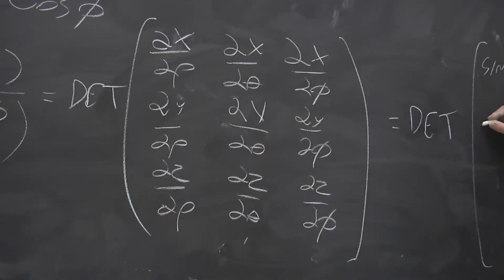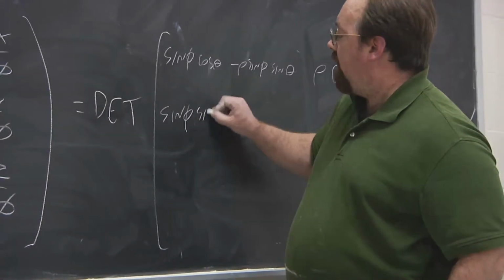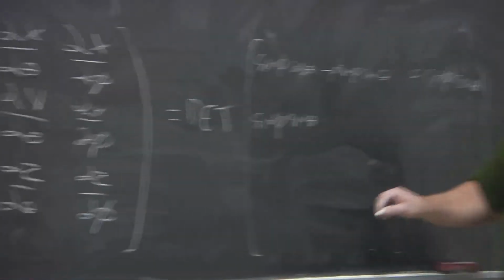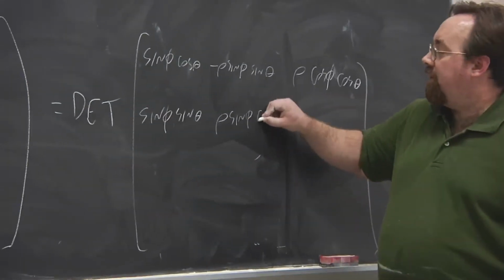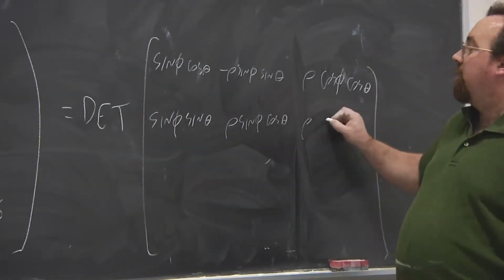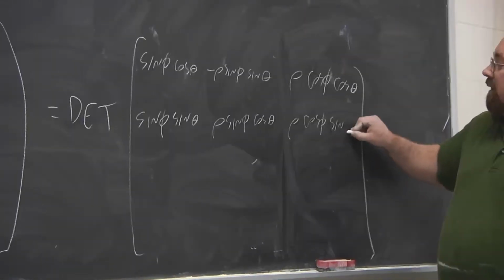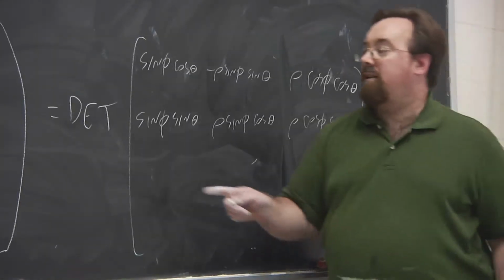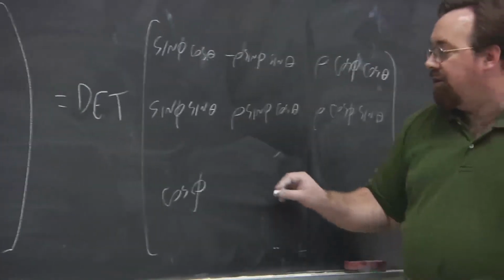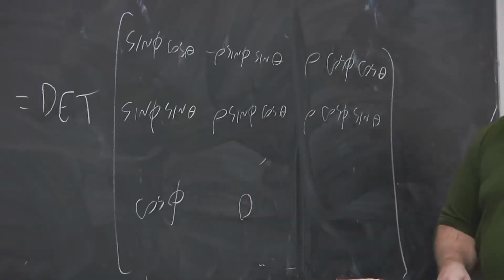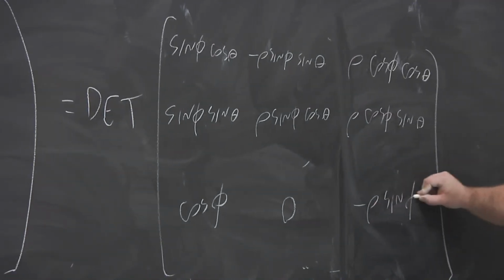And then we'll fill in the rest of these. So that's sine phi sine theta, rho sine phi cosine theta, rho cosine phi sine theta. And finally, for z, we get cosine phi, 0, because z does not depend on theta, and then minus rho sine phi.